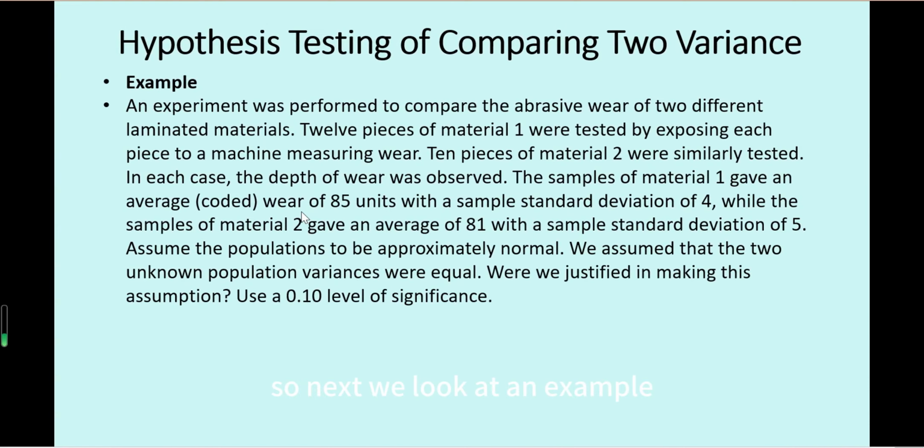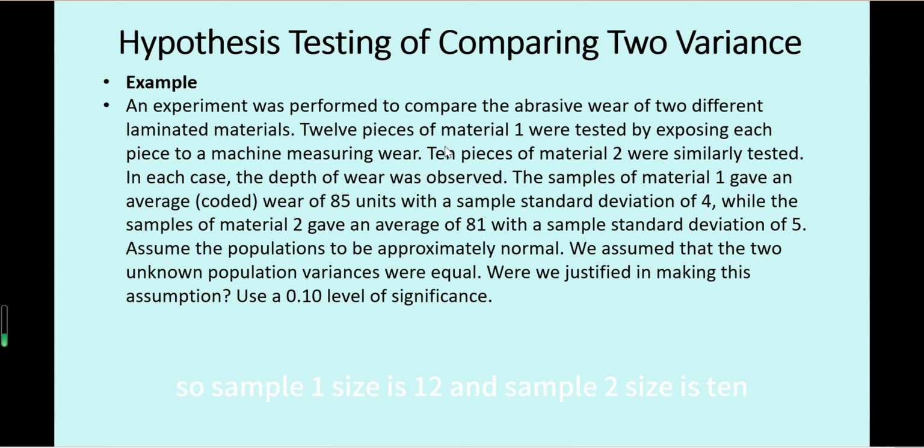Next we look at an example. An experiment was performed to compare the abrasive wear of two different laminated materials. 12 pieces of material 1 were tested by exposing each piece to a machine measuring wear. Then 10 pieces of material 2 were similarly tested.